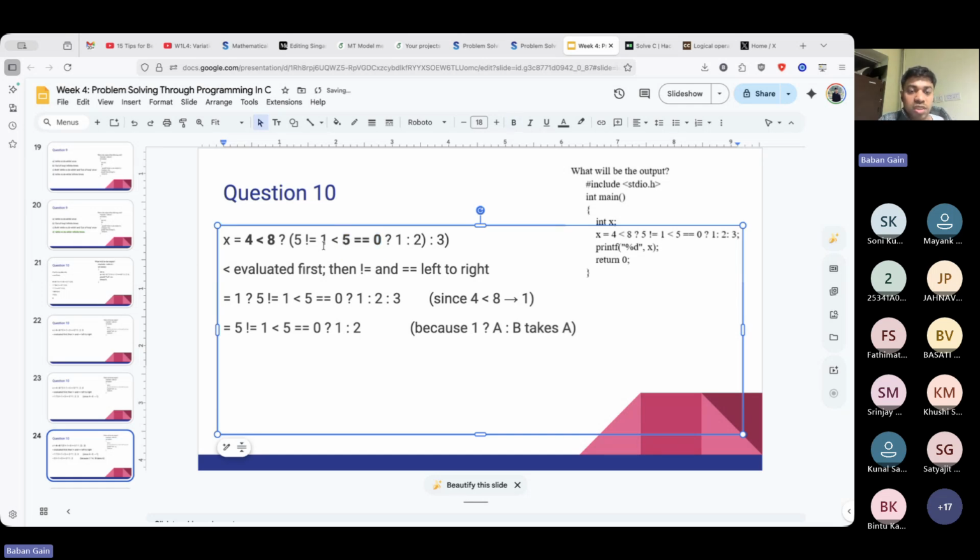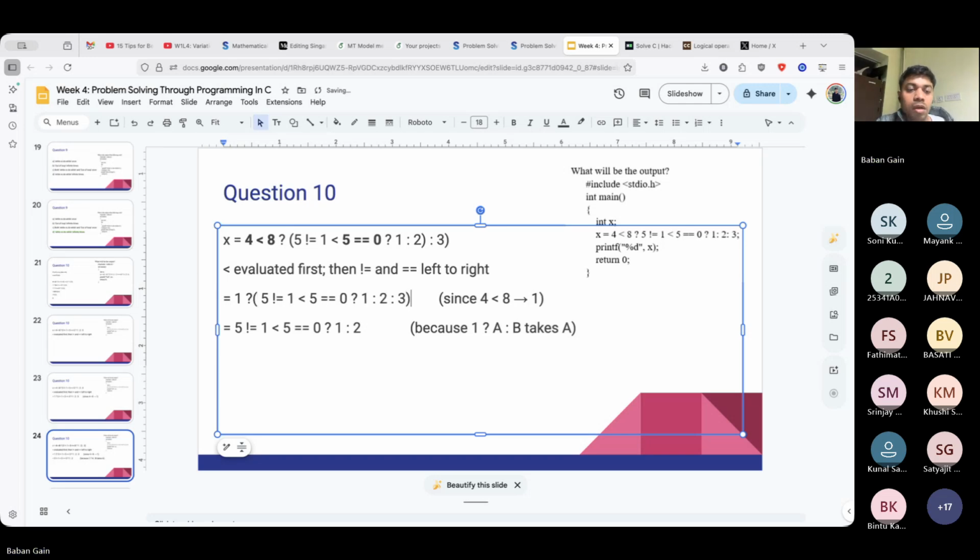Basically, this is outside of the ternary operators, and everything else is inside the ternary operator. So what will execute first? 4 less than 8, this is outside. This will get executed. So this is 1, right? And everything else is again inside the ternary operator.